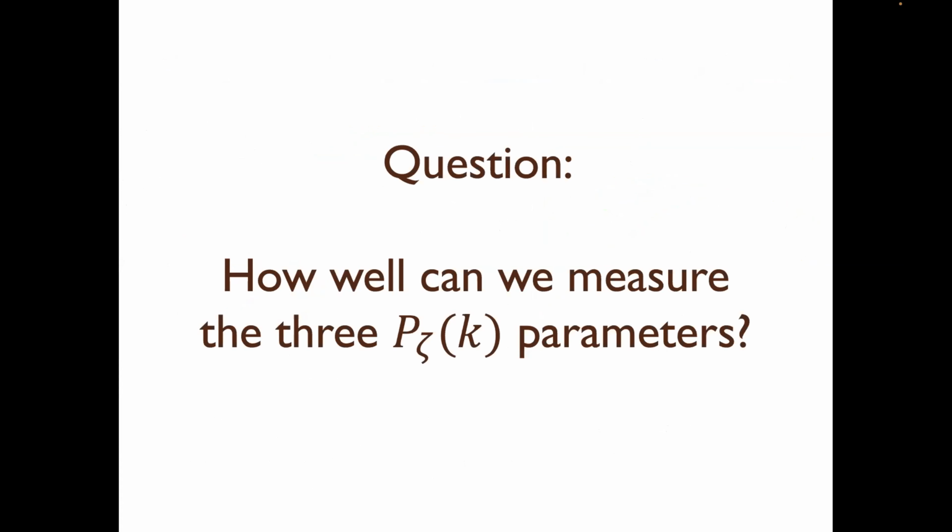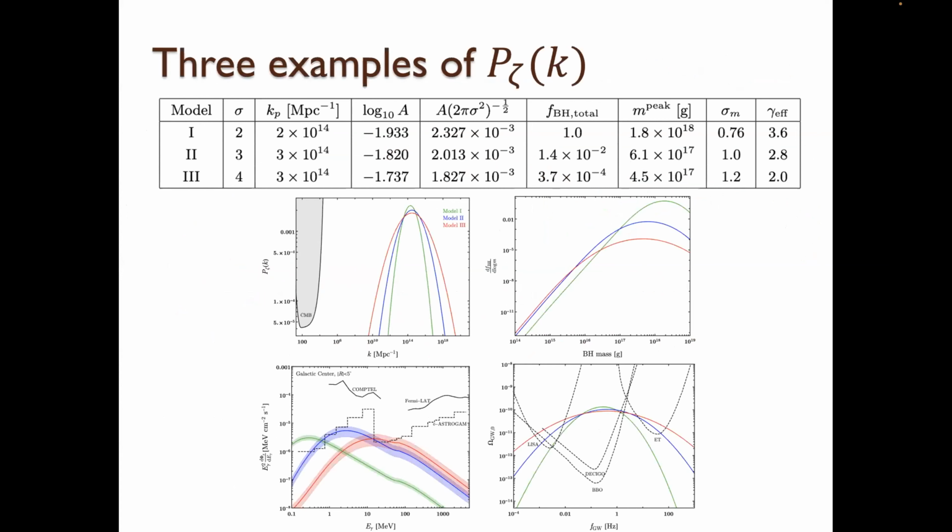Okay, then with this, we can ask the question: how well can we measure the three curvature perturbation parameters using the gamma rays and the gravitational waves? To answer this question, we provide three examples of curvature perturbation. For each model, we pick sigma, k_p, and the amplitude A. Other parameters are just derived from these three parameters.